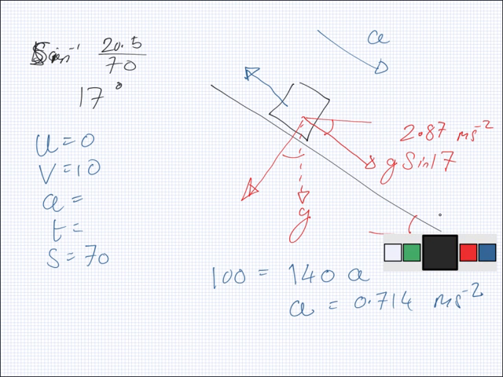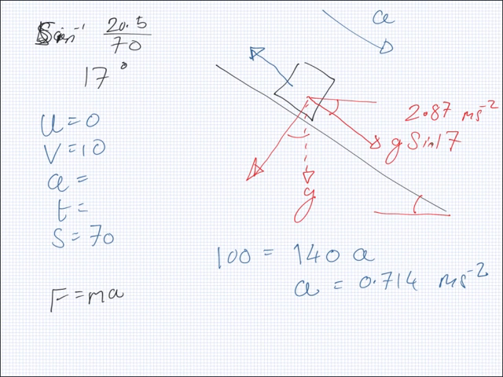Now what did Newton say? Well, Newton said F equals ma. Now, hang on, this is the acceleration, not the weight. So if I want to change this into weight, I just multiply it by m to make it mg.